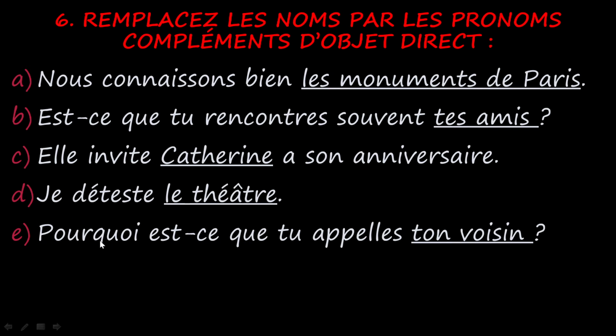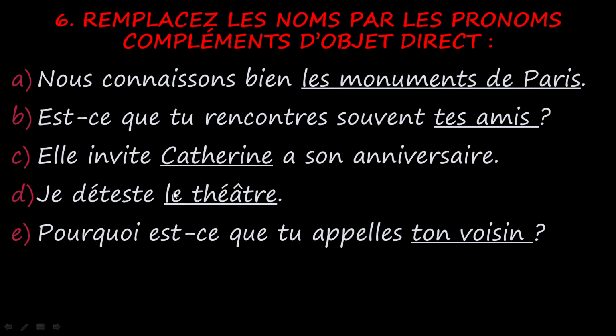So the last one. Pourquoi est-ce que tu appelles ton voisin? So why are you calling your neighbor? Here you can see ton voisin is underlined. It means your neighbor, which is singular, masculine, voisin, not voisine. So what pronoun will you be using?